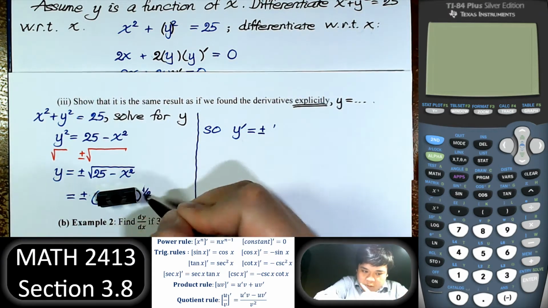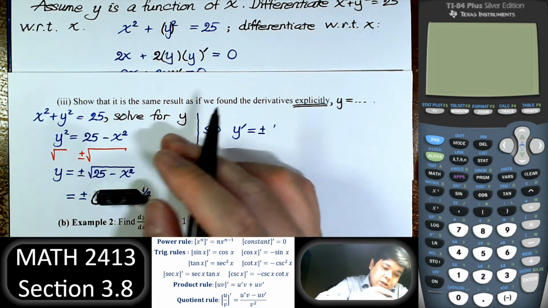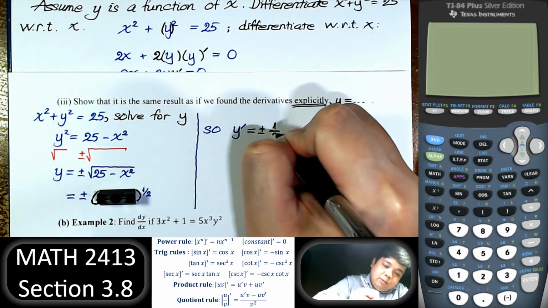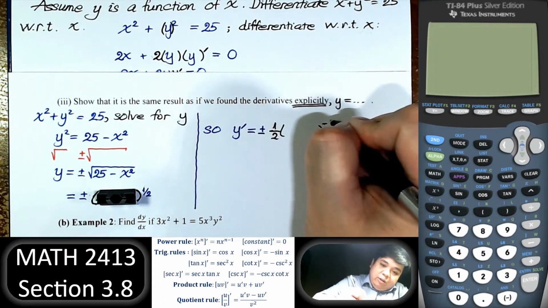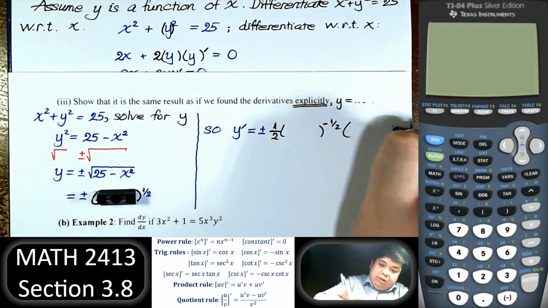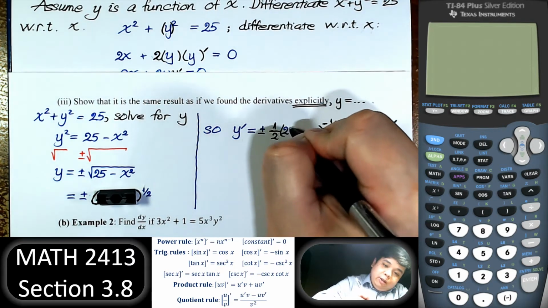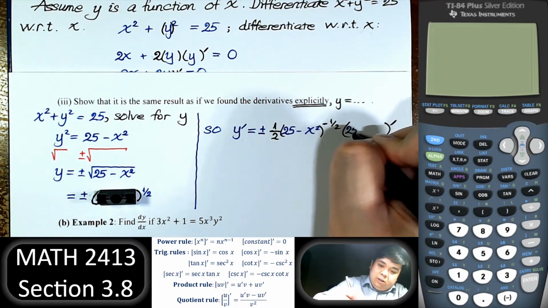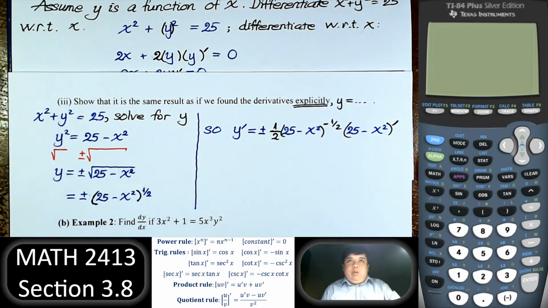Something to the 1/2, let's put the parentheses around it. Then we have 1/2, something to the negative 1/2, and the derivative of that. Right, now we have 25 minus x squared inside of the parentheses.